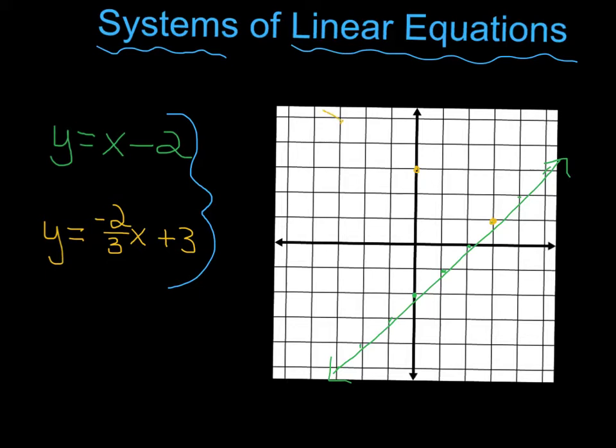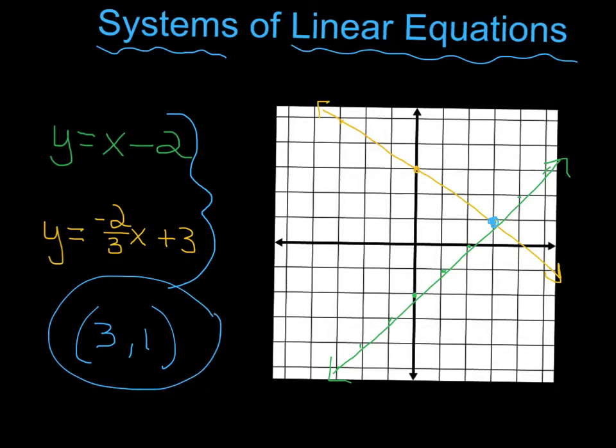So if we graph, the solution of this system is the point at which they intersect. And they intersect at the point 3, 1. So all of our solutions will have a value of x and a value of y.